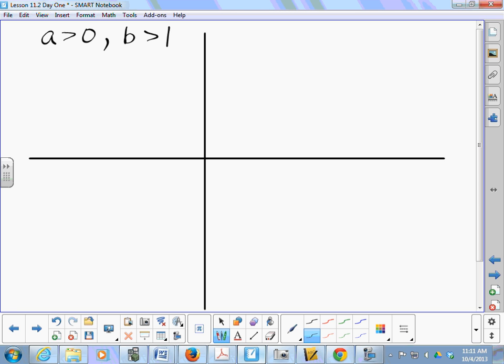What's it going to look like? That would be exponential growth, right? So that's going to look like this. It's going to be above the x-axis, and it goes up as it goes to the right.